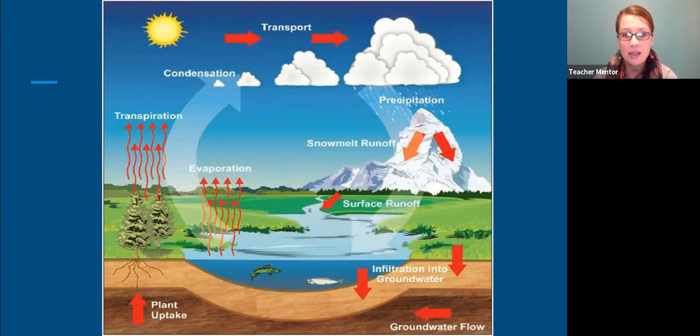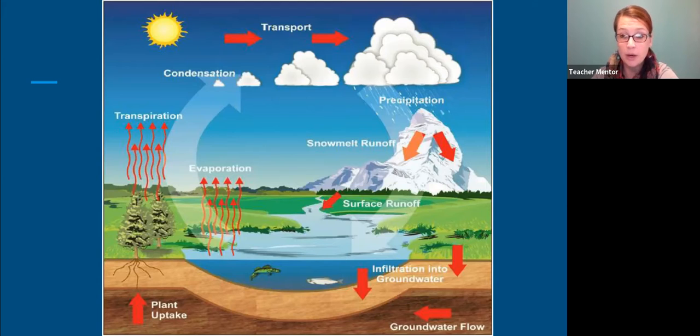Then once we get the clouds full of water droplets and enough vapor that's turned into droplets, then we will have the precipitation, whether it is rain that will fall directly on the Earth's surface and run off, or if we have precipitation in means of snow. And then the snow kind of serves again as a storage unit because snow will melt and then run off.